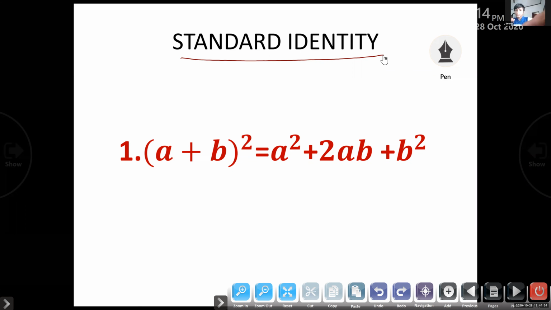I will show. First you write this. Did you all write this? Yes, ma'am. Okay, Alina, read a plus b the whole square is equal to a square plus 2ab plus b square.